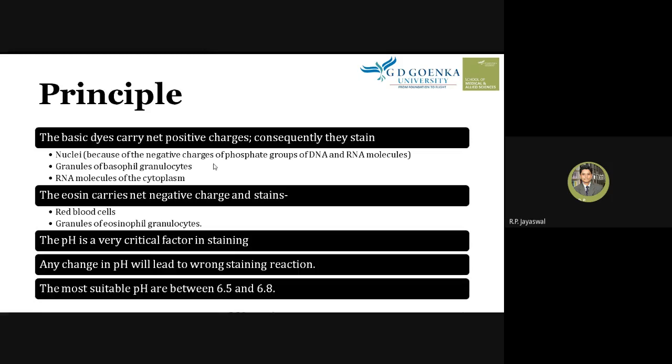The most suitable pH for this stain is 6.5 to 6.8. So the pH is adjusted tightly between 6.5 to 6.8.